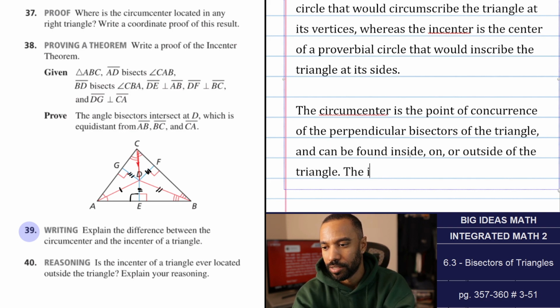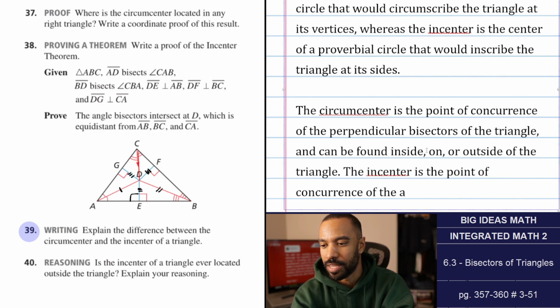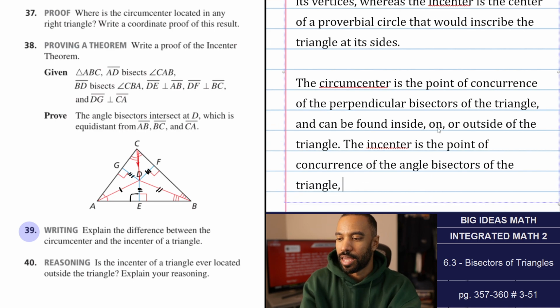The incenter is the point of concurrence of the angle bisectors of the triangle, and is always inside the triangle.